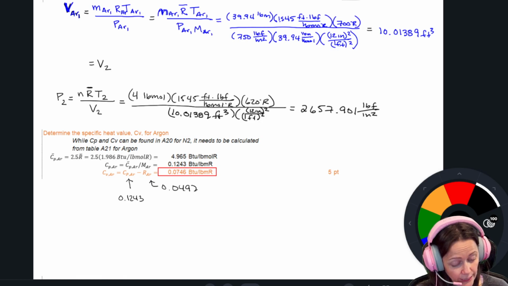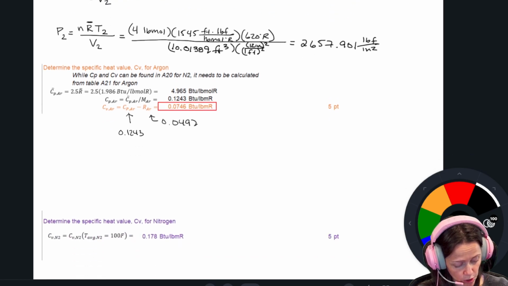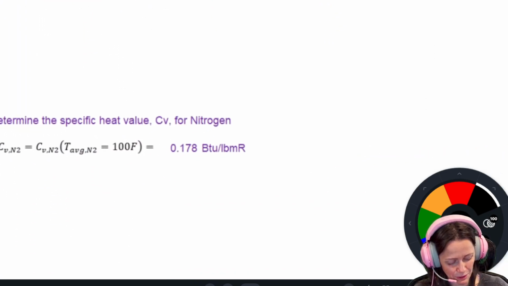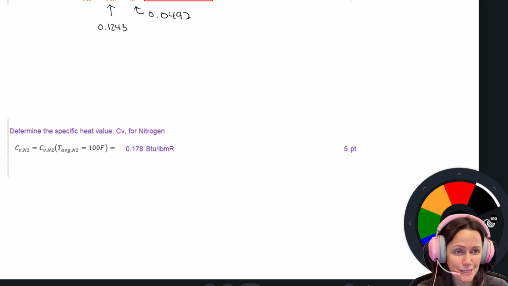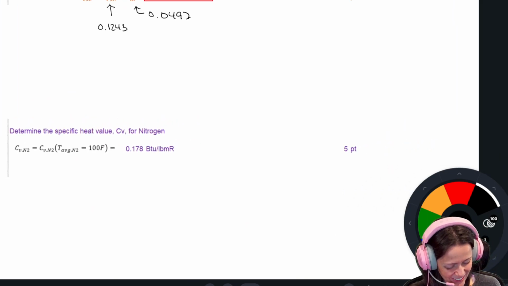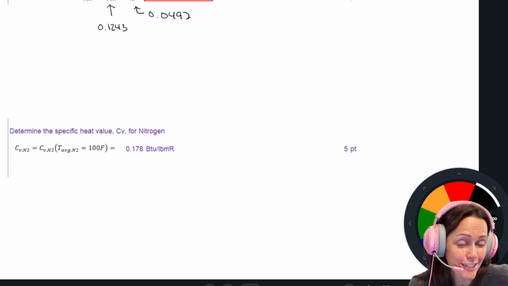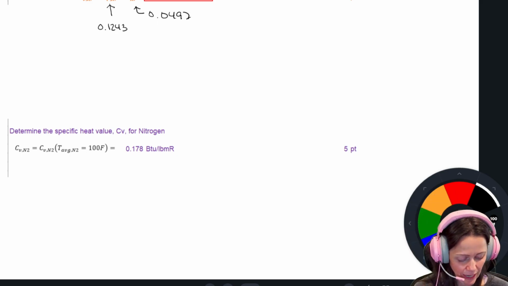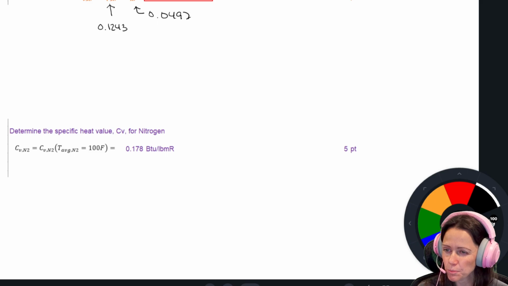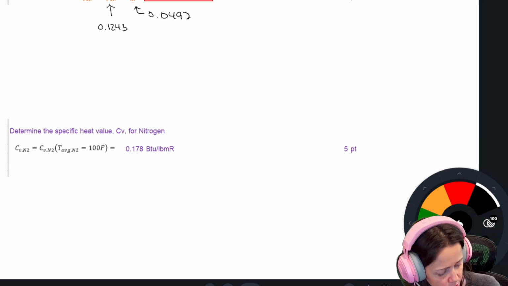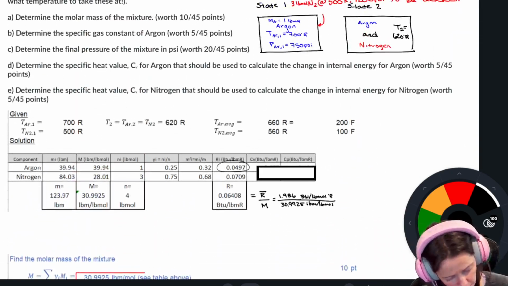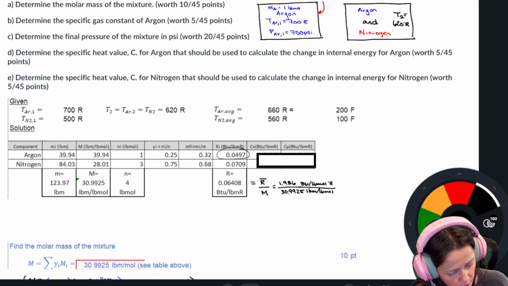All right, and then the very last thing that we're supposed to do is figure out the specific heat for our nitrogen, which isn't nearly as bad as the other one. This is just because I know the initial and the final temperature, right? Your initial temperature was, what was it? Actually, I think I've got it up here somewhere. Yeah.